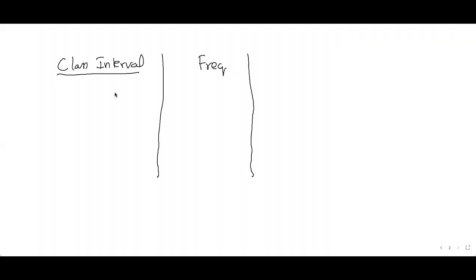The first part we're going to write here is the class interval and the frequency. The class interval or width 10 to 15 has frequency 3, 15 to 20 has frequency 6, and 20 to 25 has frequency 5.